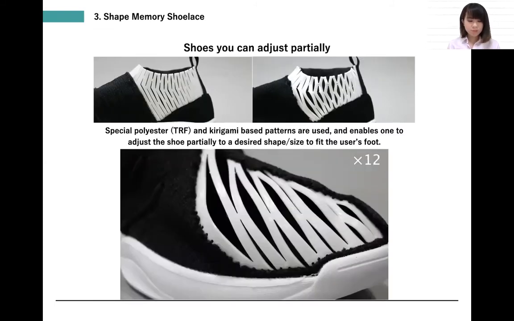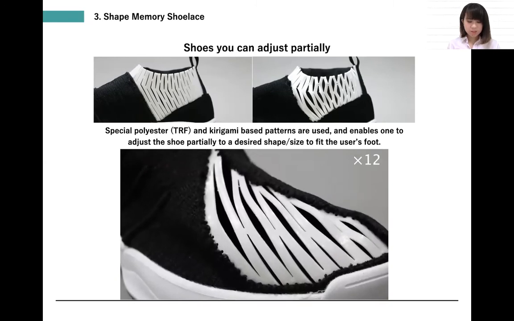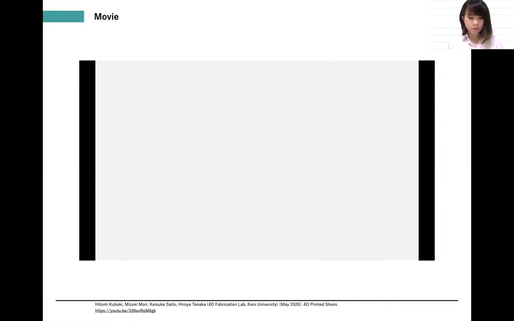The patterns are based on kirigami, which is Japanese paper art that includes cutting. Like the other 2 pairs of shoes shown previously, this shoe also uses special polyester and opens and closes when it's exposed to heat. Here is a short movie that shows how all 3 pairs of shoes work.